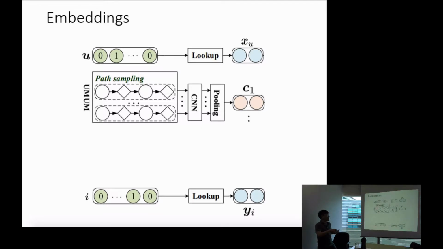So basically here is a movie, user, movie, user, movie, and each one has its own embedding. We use a CNN to encode each path instance, and after we feed each path instance through the CNN, we get the embedding of that instance. We have multiple instances, so here they apply a max pooling layer to pool all the path instances to get the final embedding for this metapath UM.